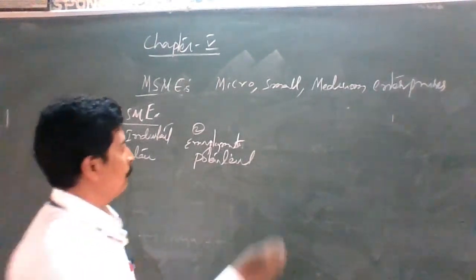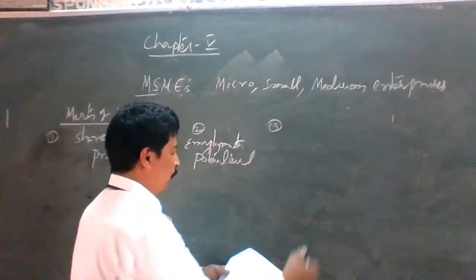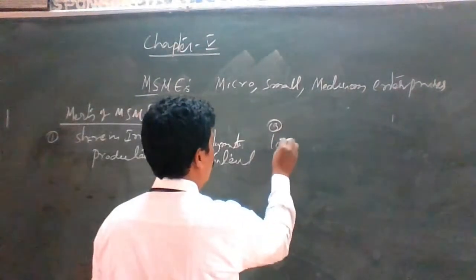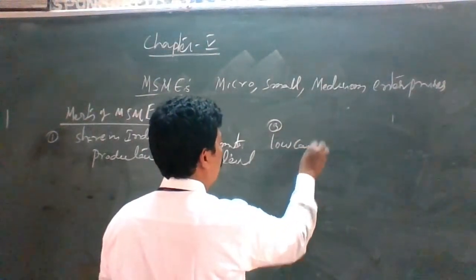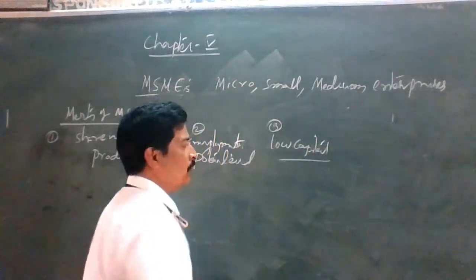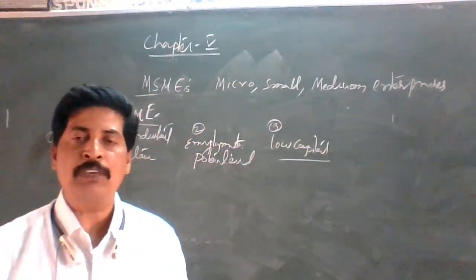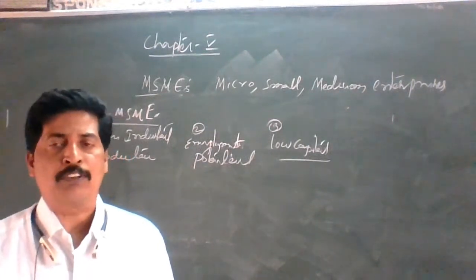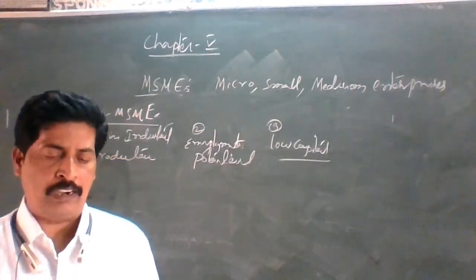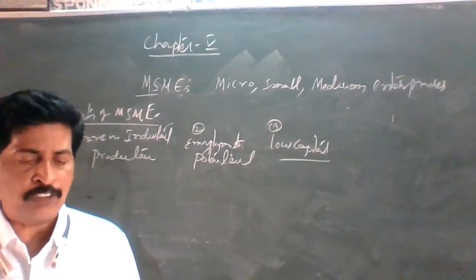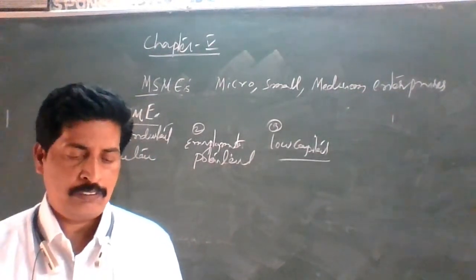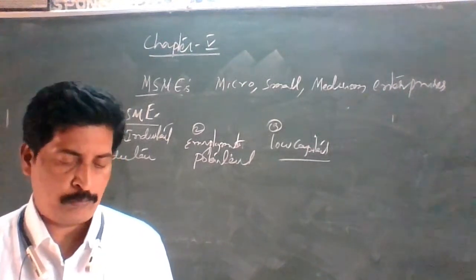Third one is low capital. MSMEs require very little investment, or low capital. They need a relatively smaller amount of capital than large industries.